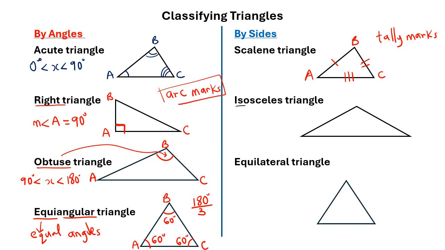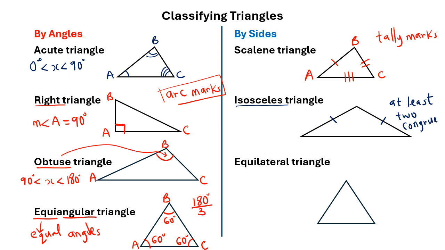For an isosceles triangle, we say a triangle is isosceles if it has at least two congruent sides, at least two equal sides. In the future, we're going to be using the right vocabulary, which is congruent.